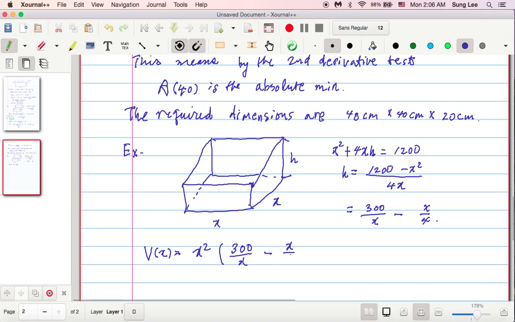So that equals 300 times x minus x cubed over 4.